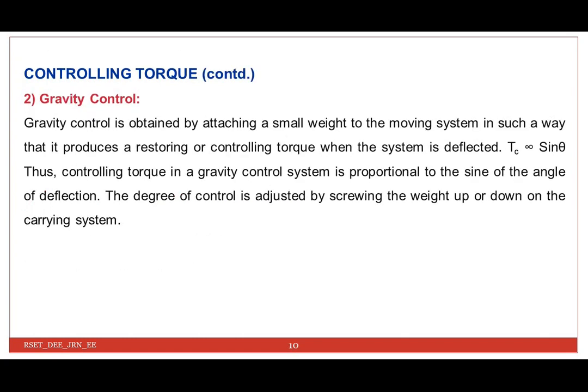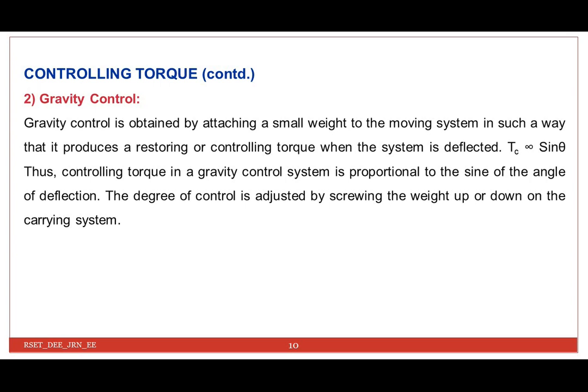Now the second type of control is gravity control. Gravity control is obtained by attaching a small weight to the moving system in such a way that it produces a controlling torque when the system is deflected. The controlling torque in this case is directly proportional to sine of theta.